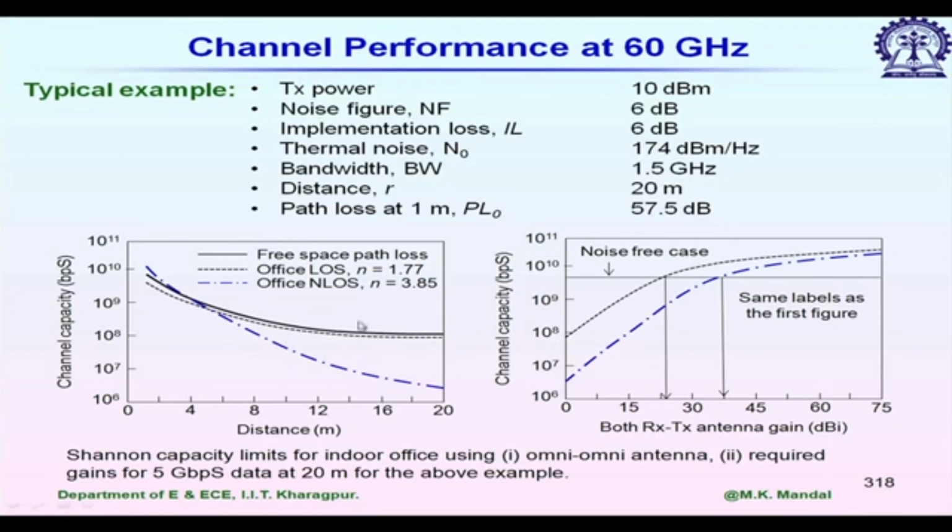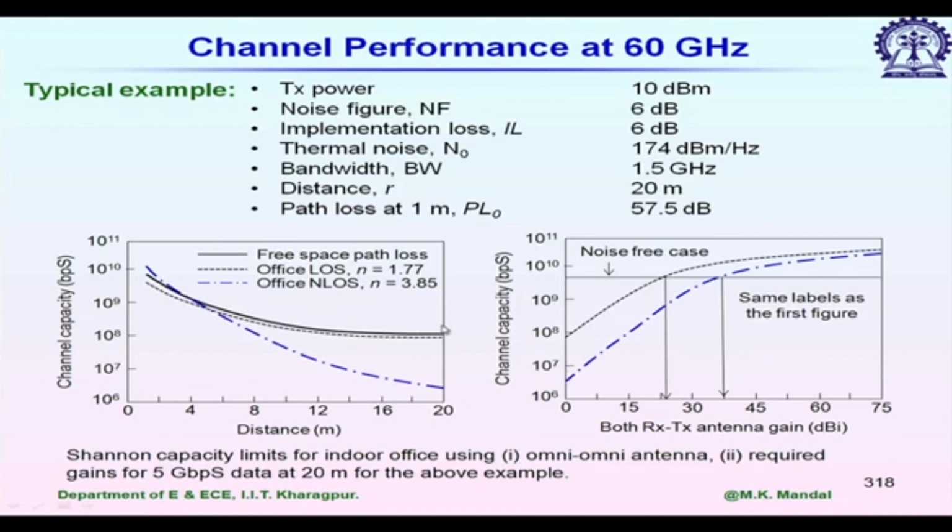And you see for line of sight indoor communication, n equal to 1.77, it more or less follows the curve for n equal to 2. But for non line of sight communication, when n equal to 3.85, if I follow this blue line, it decreases to somewhere in between 10 to the power 6 and 7 at 20 meter.